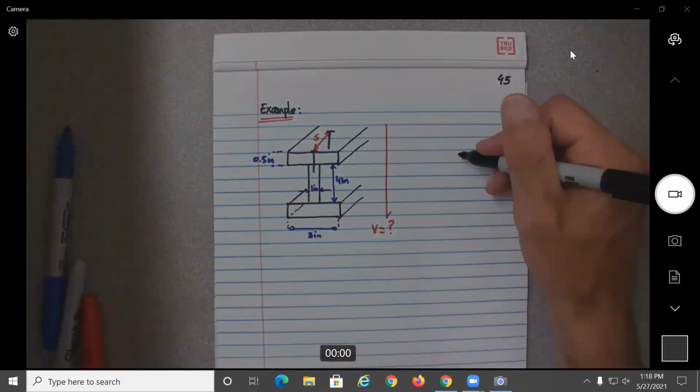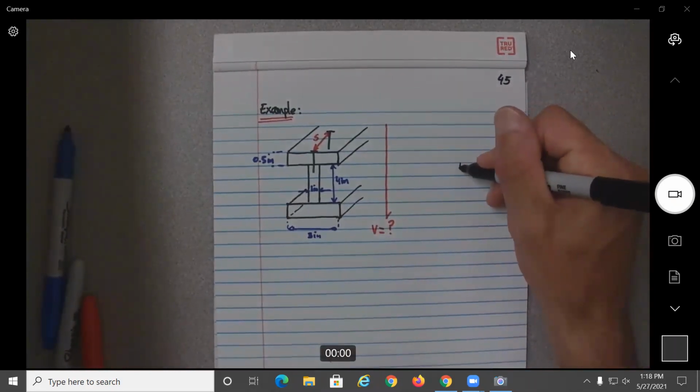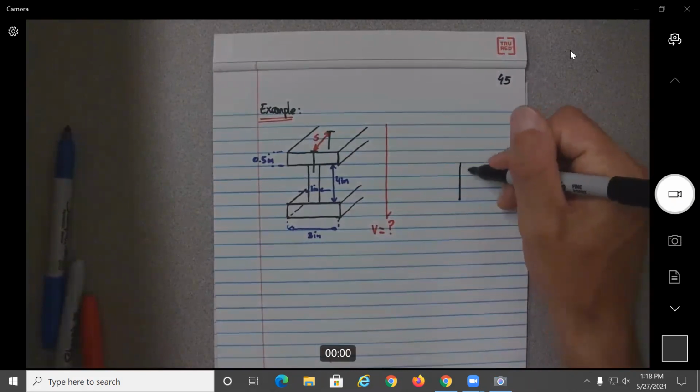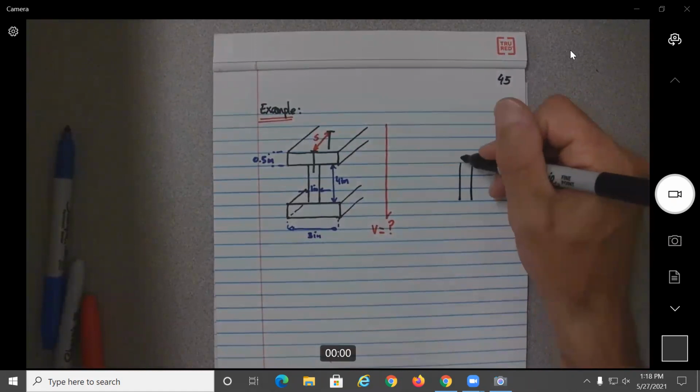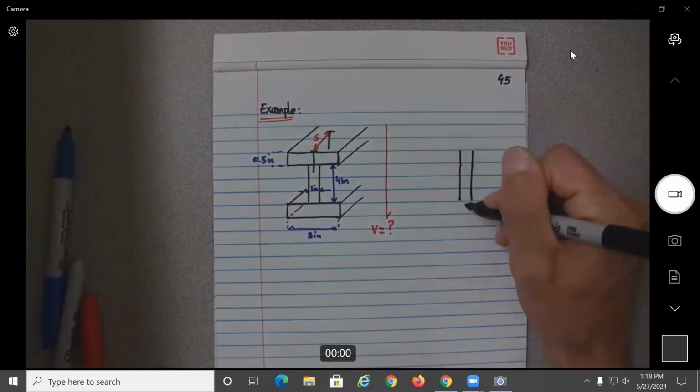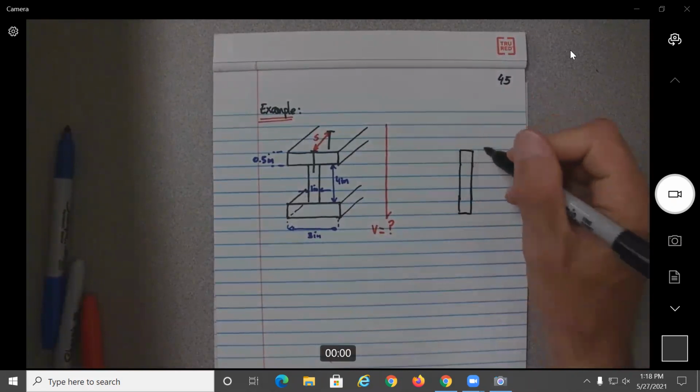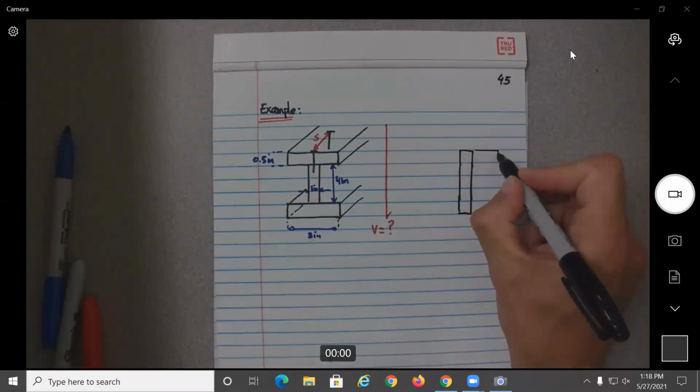The other way would be just to have a vertical one. I'm going to put one more here and one more here, and the other pieces here.